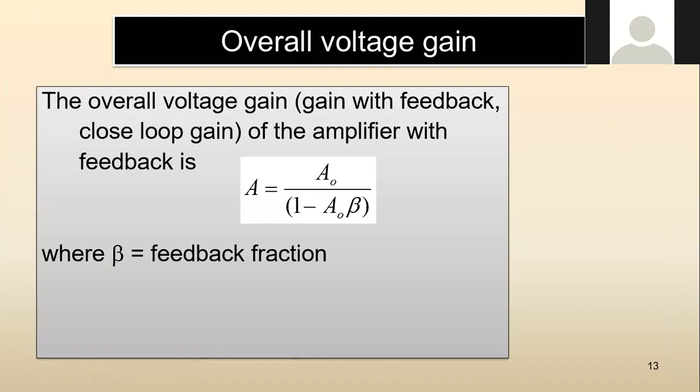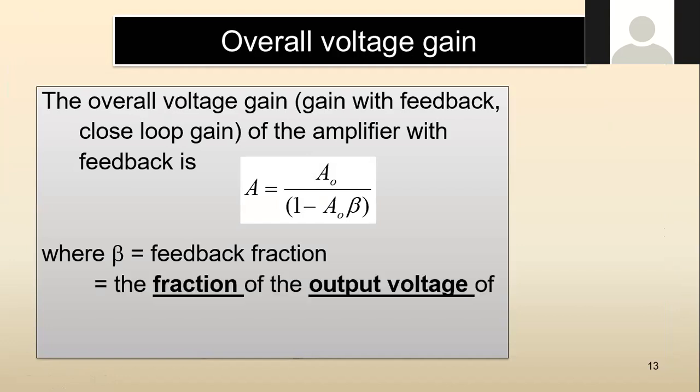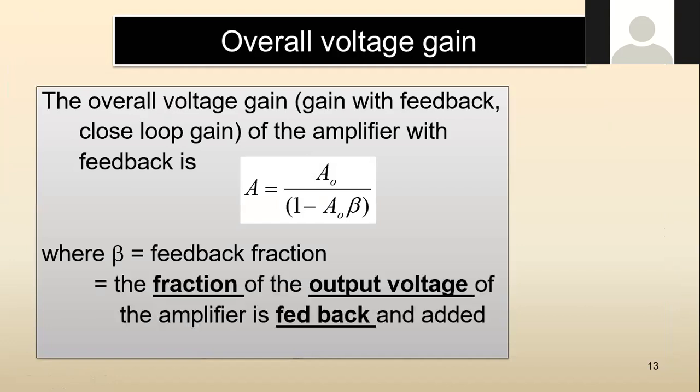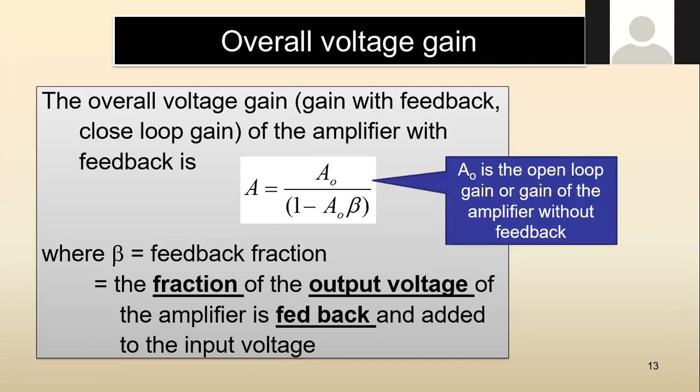Beta is the feedback fraction, the fraction of the output of the amplifier that's fed back to the inverting input. A naught is the open loop gain, or the gain without any feedback. That is decided by the engineer. We cannot change that, but we can change the overall gain, which is A.